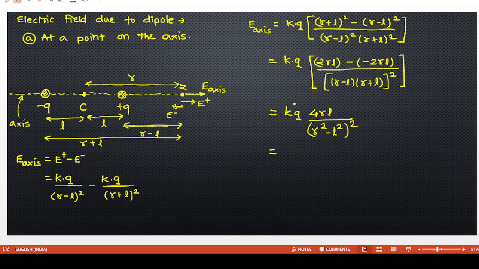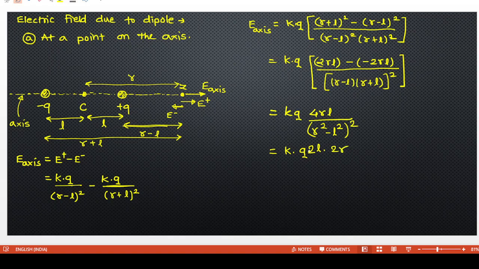This is basically the final answer, but people rearrange this as k, q, this 4 can be written as 2 into 2, this L as it is, and this r as it is.